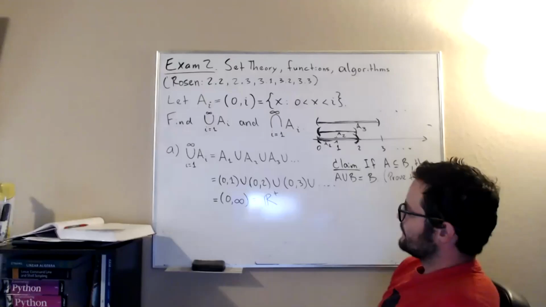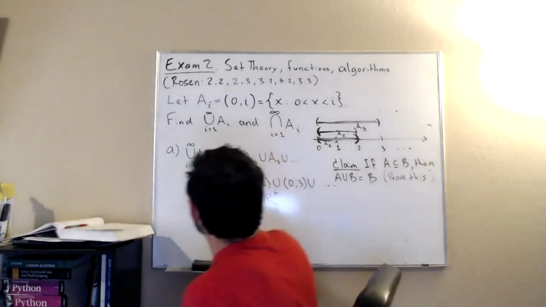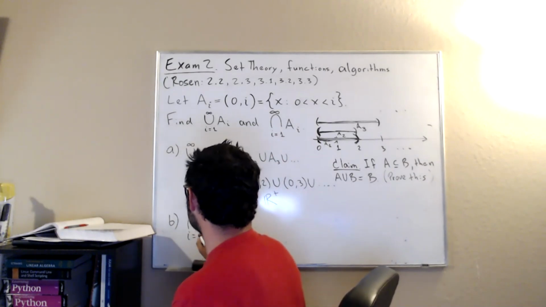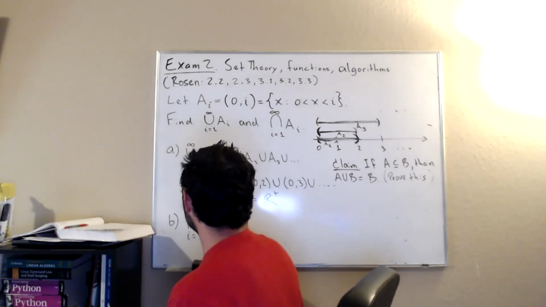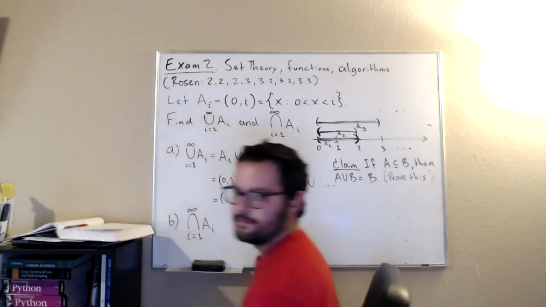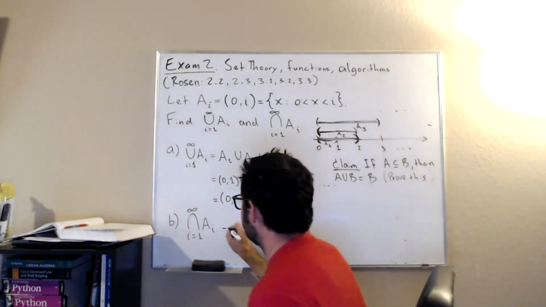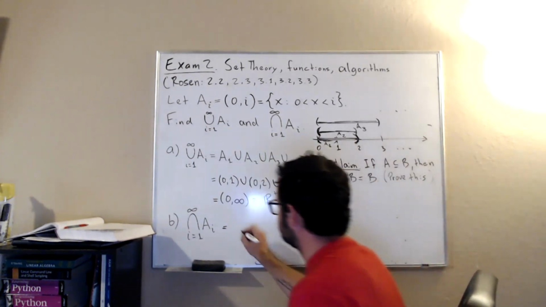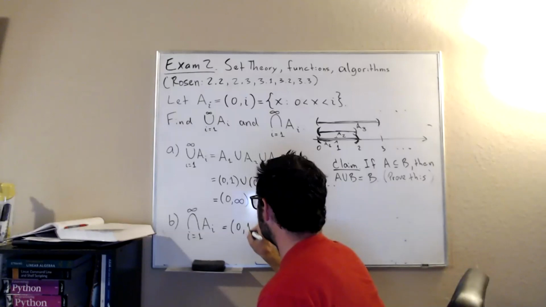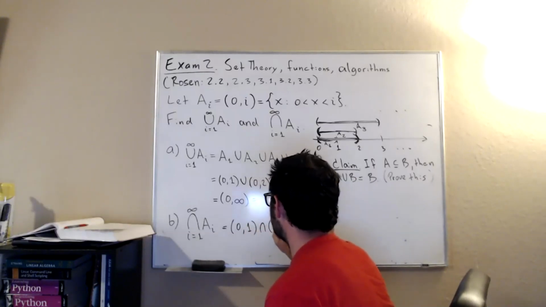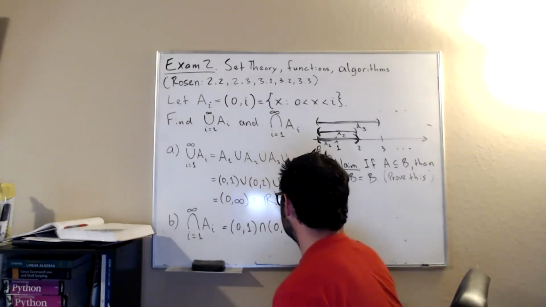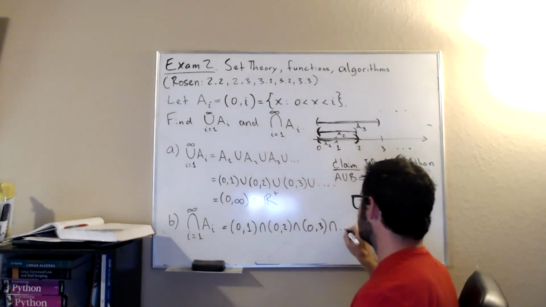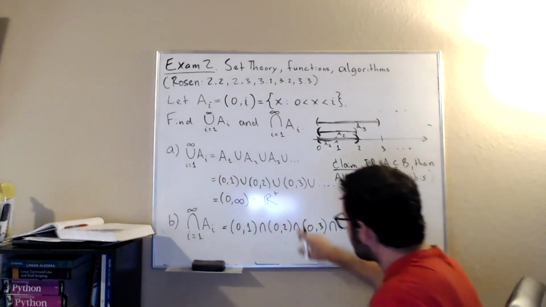Okay, so what about the intersection? We want to look at the intersection from I equal 1 to infinity of A sub I. Well, this is A1 intersect A2 intersect A3, so this is (0,1) intersect (0,2) intersect (0,3) intersect off forever.